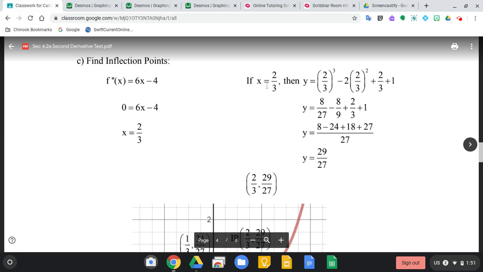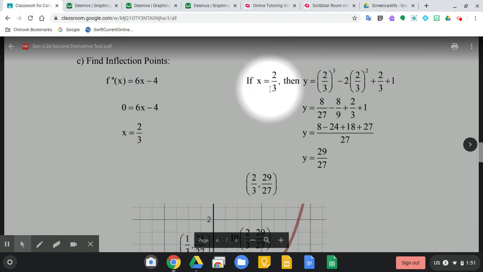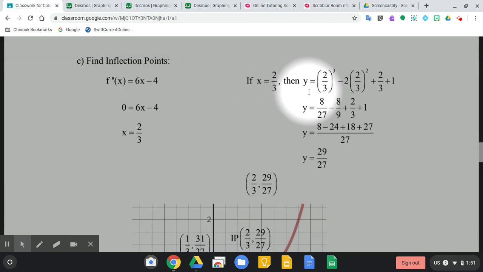So I took the 2/3. Let's bring my spotlight back. There's my x equals 2/3. I substituted it back into the original y equals equation. We're dealing with some ugly fractions here. Finding a common denominator and getting an answer, we have an inflection point at 29 over 27.